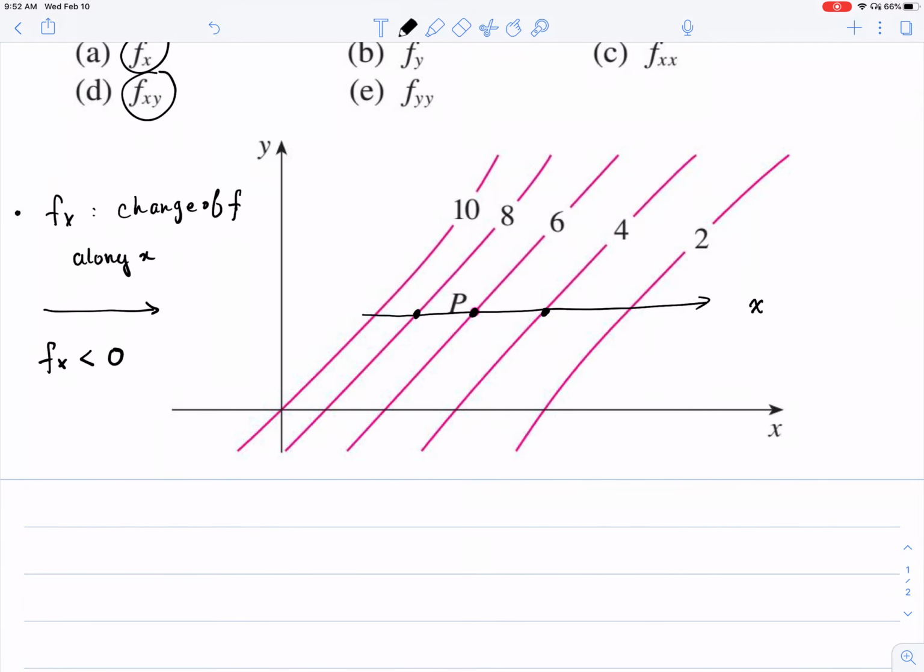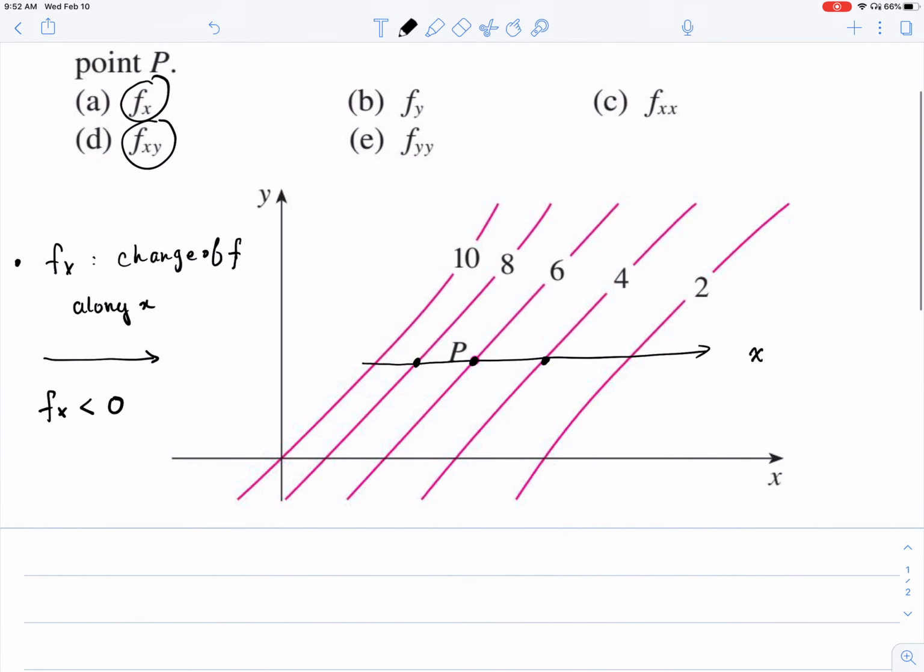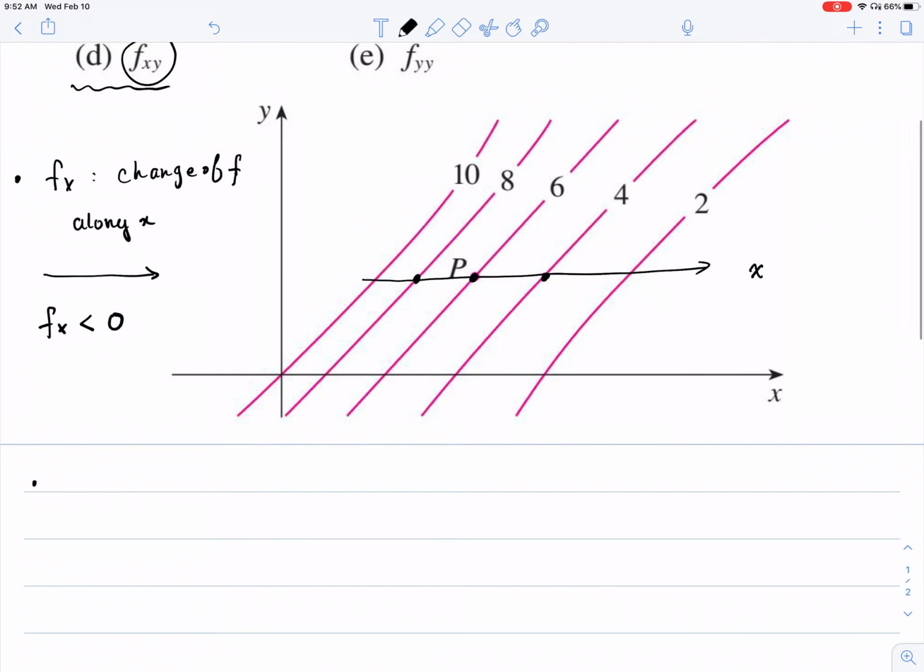Now, how can we look at the second order derivative? C and E, we can interpret using concavity. But look at D over here. If we look at D, we are looking at the partial derivative of f_x with respect to y. So that's the meaning. If we want to determine the sign, what it means is that we're going to determine the change of this value.